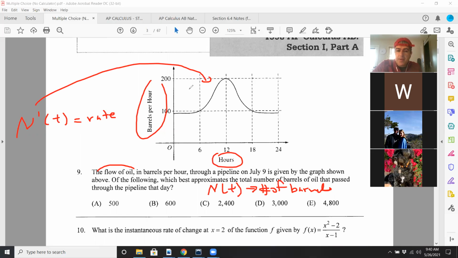This is really what's going on here. So what we want to do, in essence, is integrate N prime of t, and we do it for the whole day, so from 0 to 24 hours. And this is part of the FTC, because you're doing an integral of a derivative. They actually knock each other out. So why don't you just become just this then?